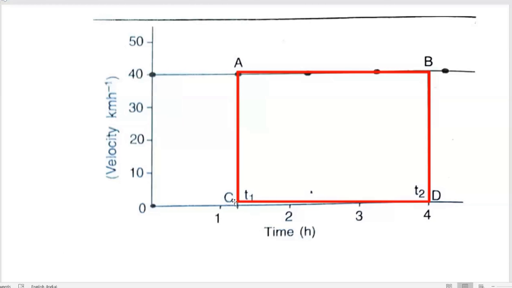Now, if we plug in this value in the displacement formula, AC is the breadth of the rectangle, and CD is the length of the rectangle. And we know that the area of the rectangle is L into B. So here displacement is nothing but the area of the rectangle.